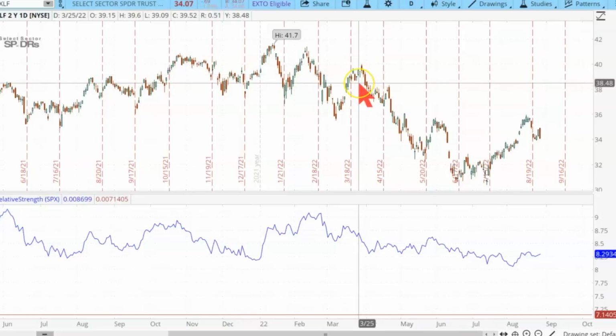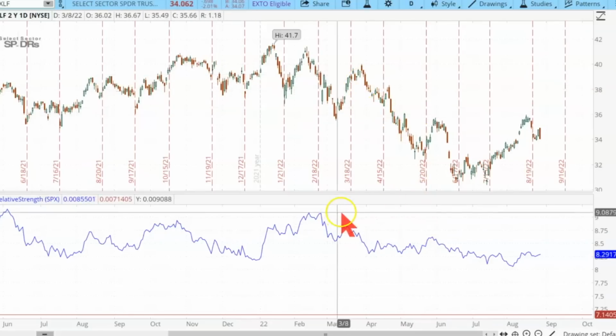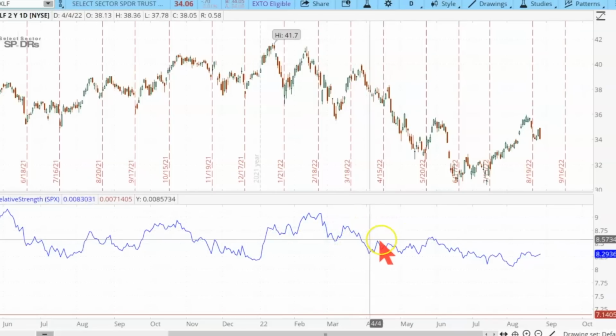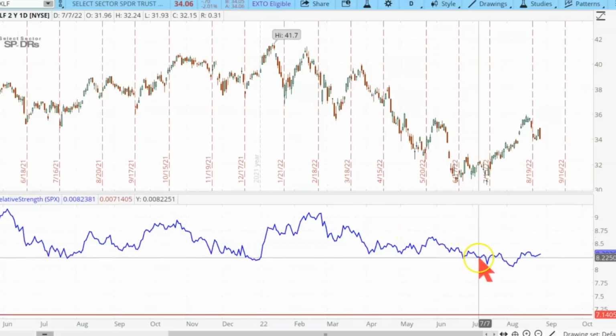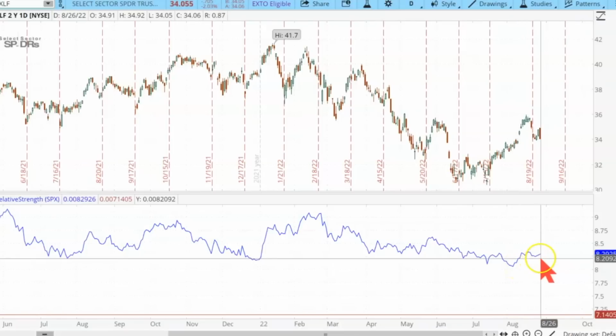But now we're in a period of inverted yield curve, which is likely to get worse, and you can see in here as the relative strength of the financials continues to be in this significant downtrend, and that says to me that the financials are going to lead the stock market to the downside more.